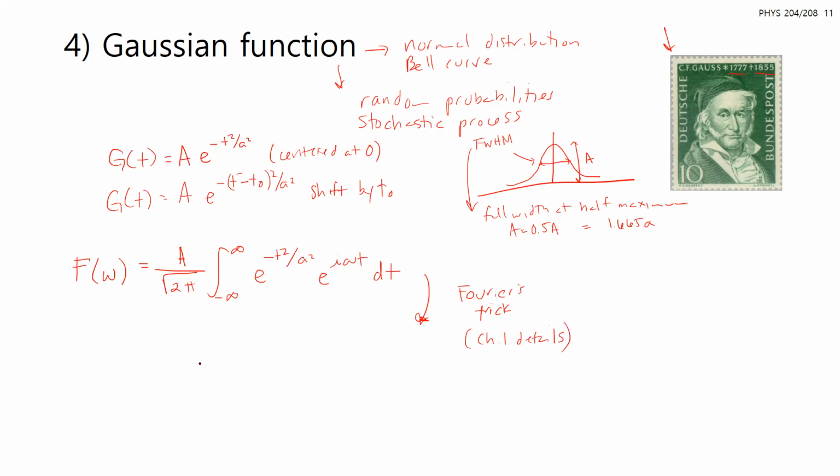But what our output looks like, our Fourier transform in the frequency domain, looks like the following. We have lowercase a, capital A, those constants, divided by the square root of 2, times e to the negative a squared omega squared divided by 4 is what the end result is.